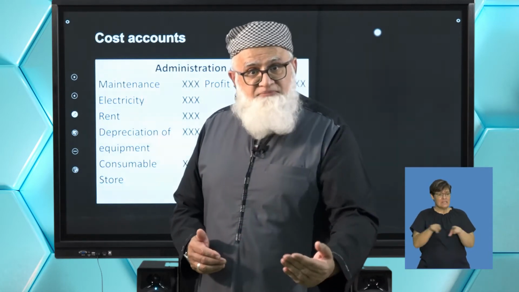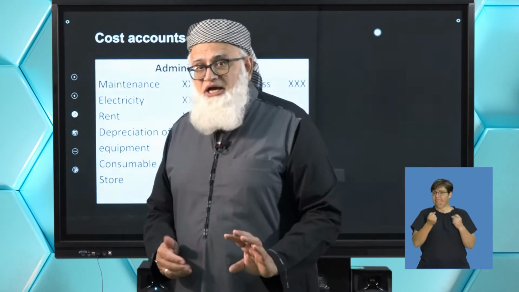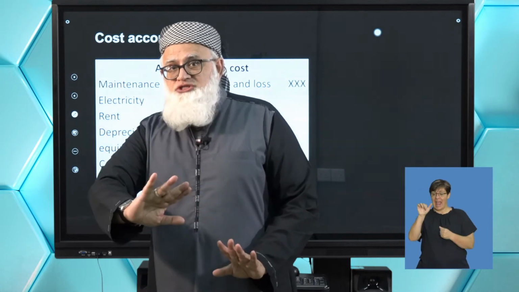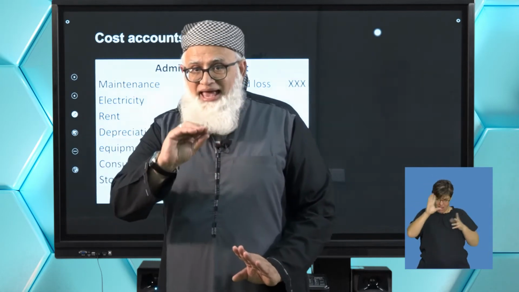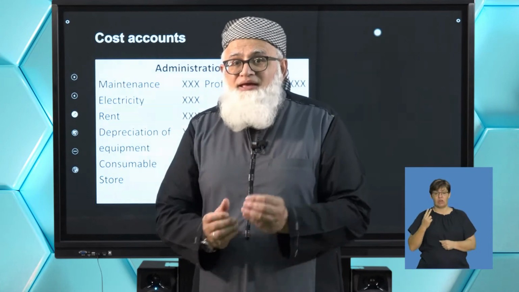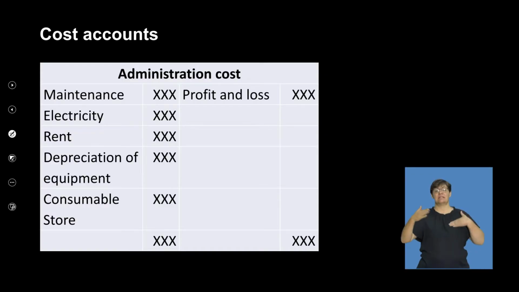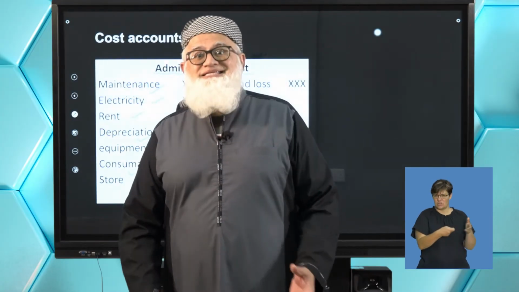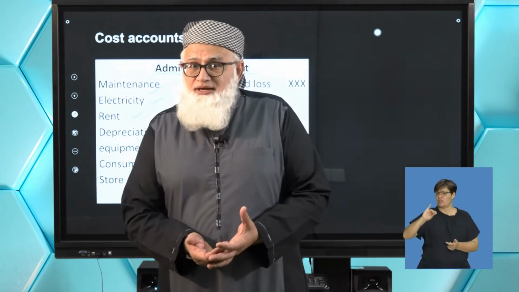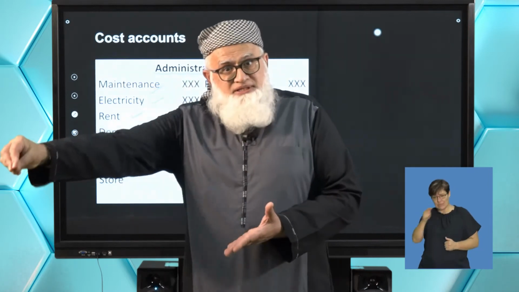So by the same token, you would now take all your admin costs and transfer them into your administration cost account. So here we had maintenance, electricity, rent, depreciation, and remember we said about consumable stores that it may be possible that some of the consumables that you are using are being used by the admin section.